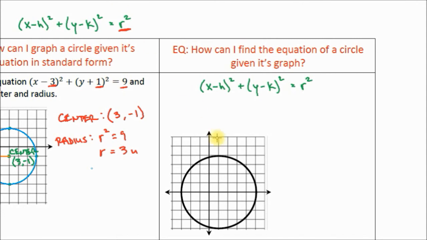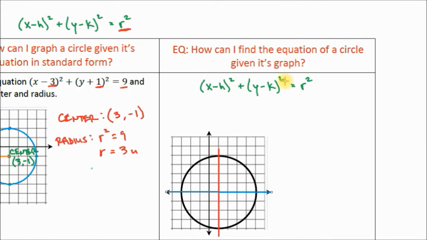You need to estimate a horizontal and a vertical line segment that pass through the widest point of the circle. So in this case, it looks like we're about right here. And then it looks like this circle is right on the x-axis. That looks like the widest point.